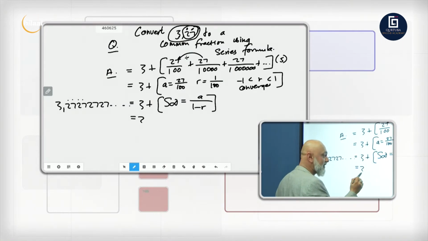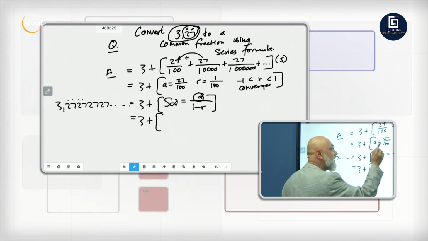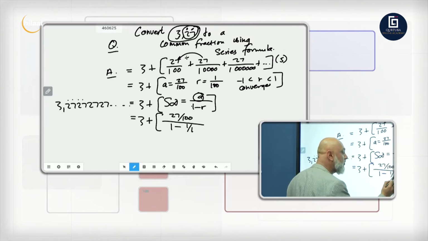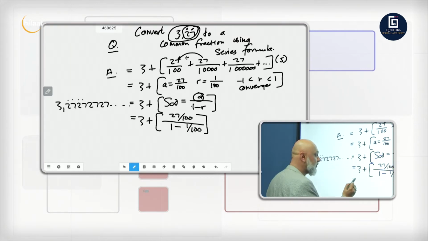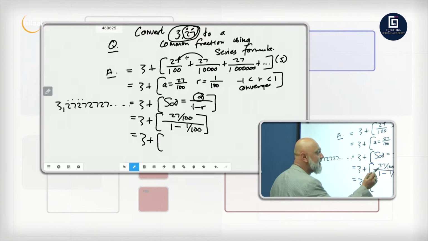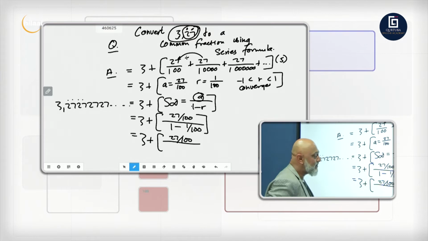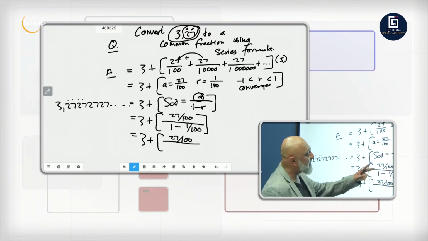So let's go again. 3 plus, what's your A? 27 over 100, divided by 1 minus, what's your R? 1 over 100. We can say 3 plus 27 over 100 divided by, the number 1 is 100 over 100.